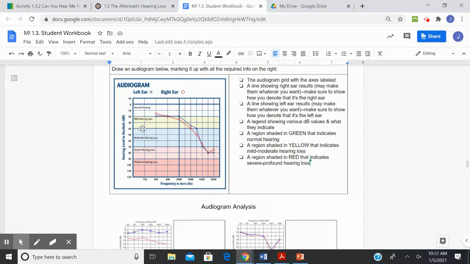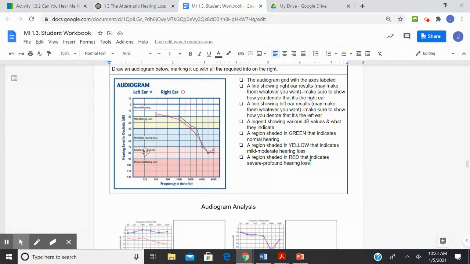Moderate hearing loss is when an individual can't hear a frequency until between 40 and 70 decibels. Remember, as these decibels go up by 10, it's 10 times louder. It has to be much louder for them to hear this higher frequency, the 2,000 to 4,000 hertz range. So that would be moderate hearing loss.